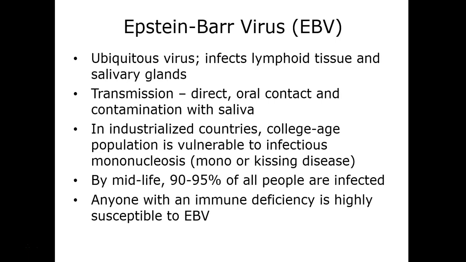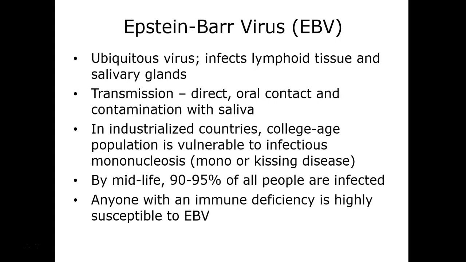And this is where it typically enters and does all of its multiplication. Epstein-Barr virus can be transmitted by either a contaminated blood transfusion or an organ transplant. It can most commonly be transmitted through oral contact, saliva being the biggest bodily fluid.